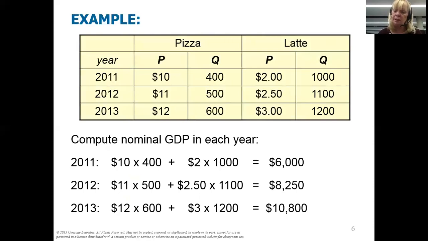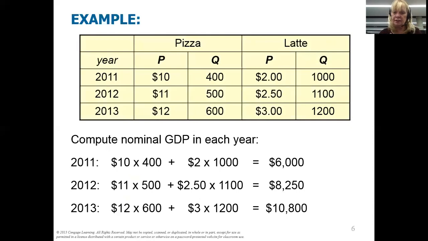So our GDP went up from $8,250 in 2012 to $10,800 in 2013. Again, that increase is a mix of the impact of price and the impact of actual increased production.